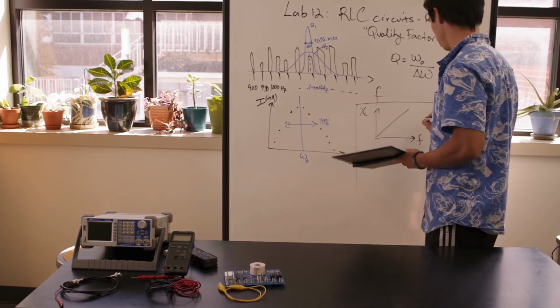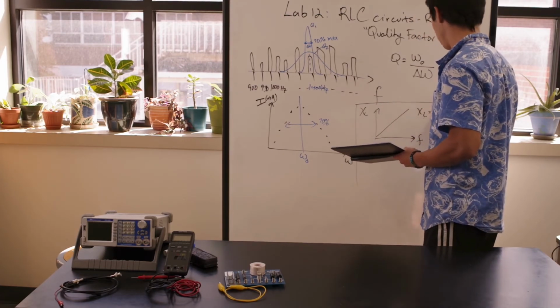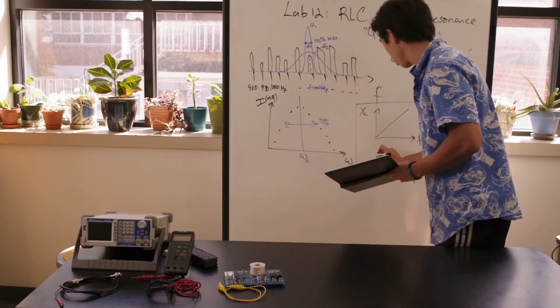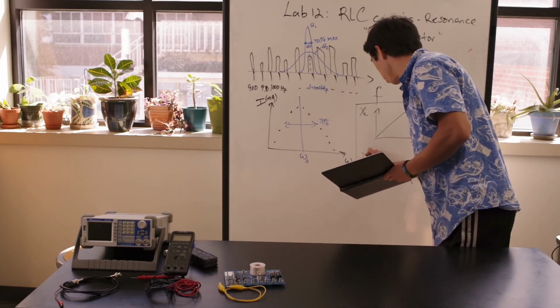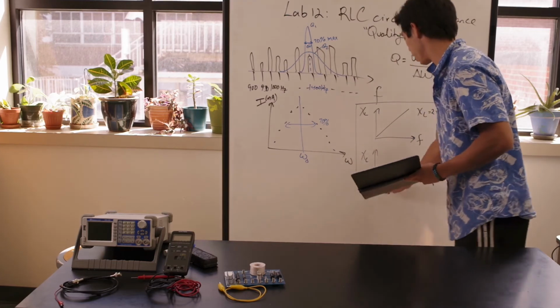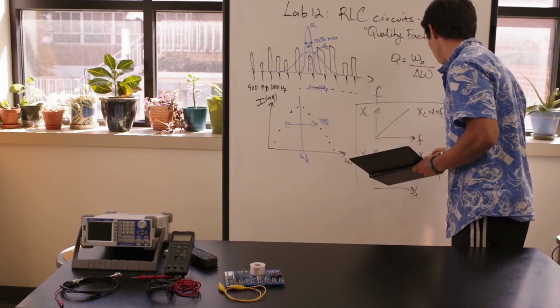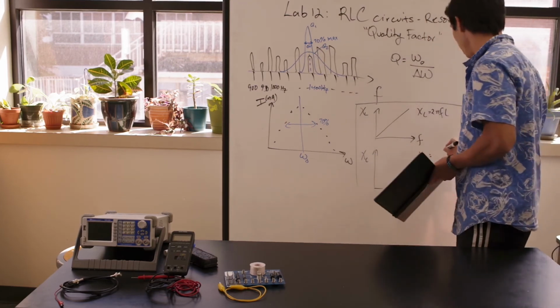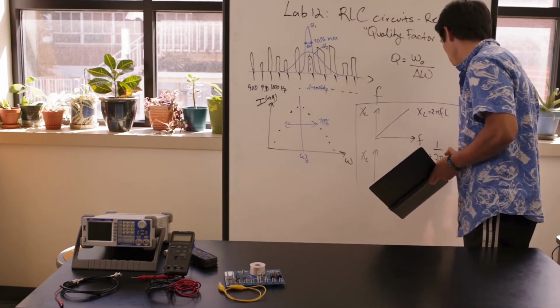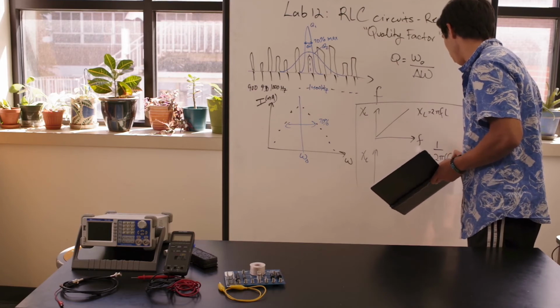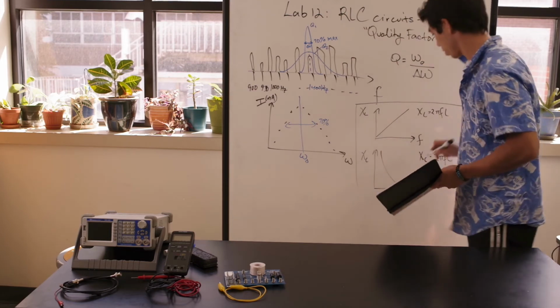Because reactance is equal to 2 pi f L. For the capacitor, or capacitive reactance, we have the inverse behavior. Chi sub C, or capacitive reactance, is inversely proportional to the frequency. So you get something like this.